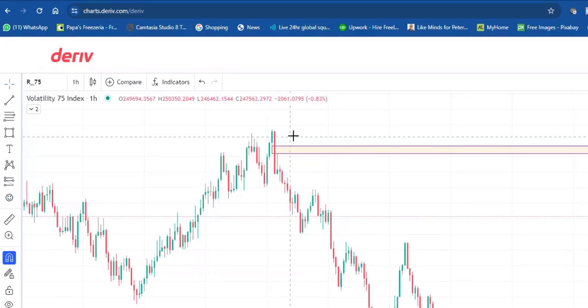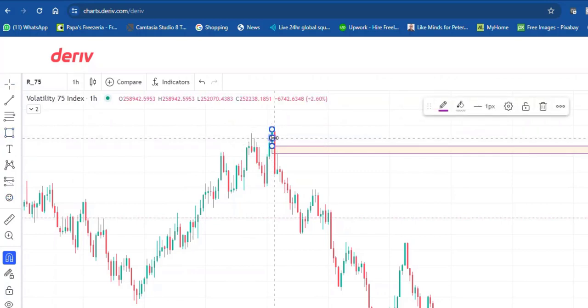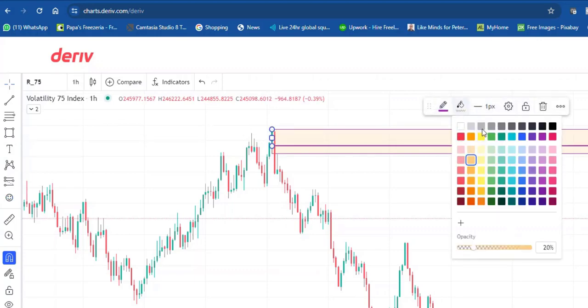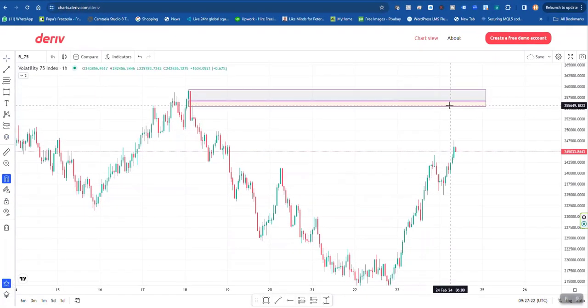So where else can we see price move and potentially break structure? Well, I need to pick this up before we take off. I need to color this differently, right? So that is a supply zone, and this is imbalance, the fair value gap, right?